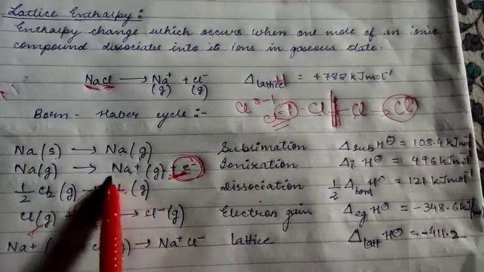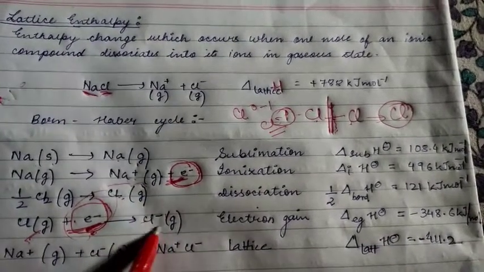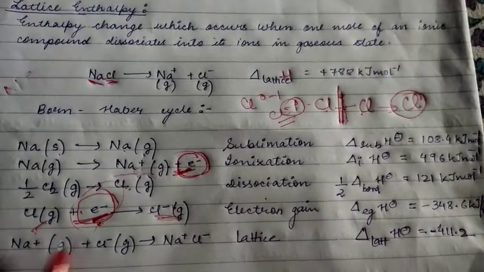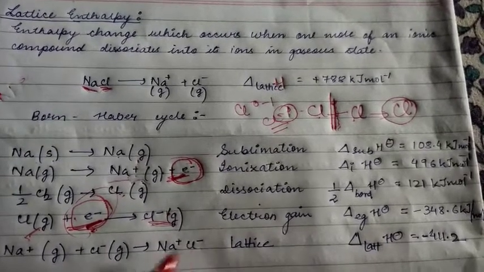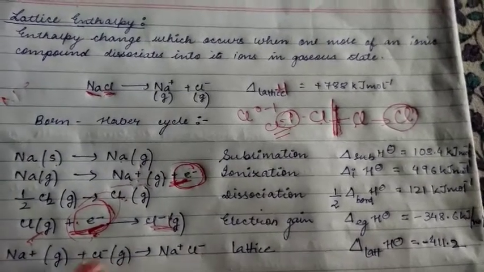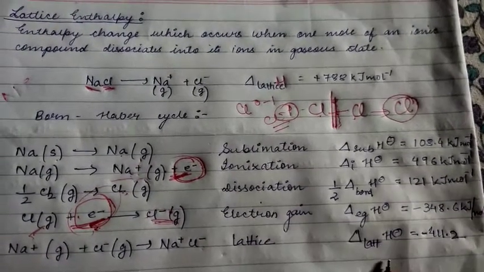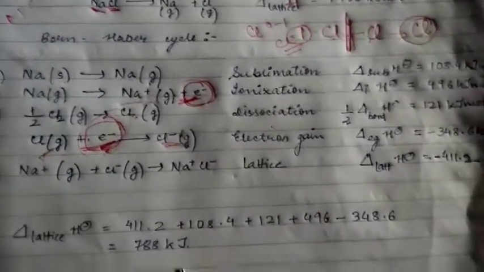Now we have got the required ions, that is your sodium ion and chloride ion. Now we will react these two ions and you will ultimately get sodium chloride, NaCl, the common salt, and this process is called the lattice enthalpy, whose value is minus 411.2 kilojoule per mole.